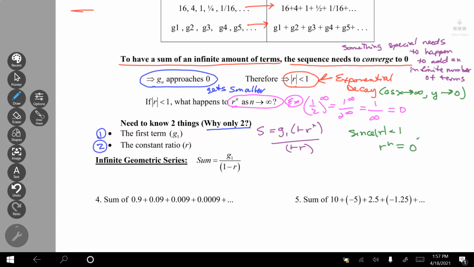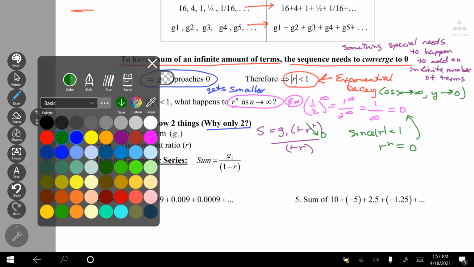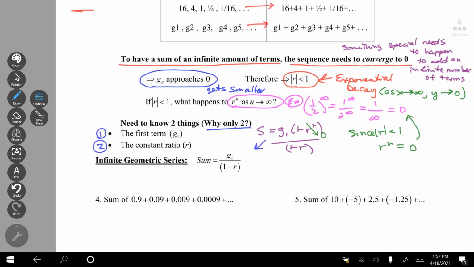That's what we just did up here. So that means this goes to 0. And when I do all that, this becomes this nice little formula which only has 2 terms in it, and that is my formula for an infinite geometric series that converges.